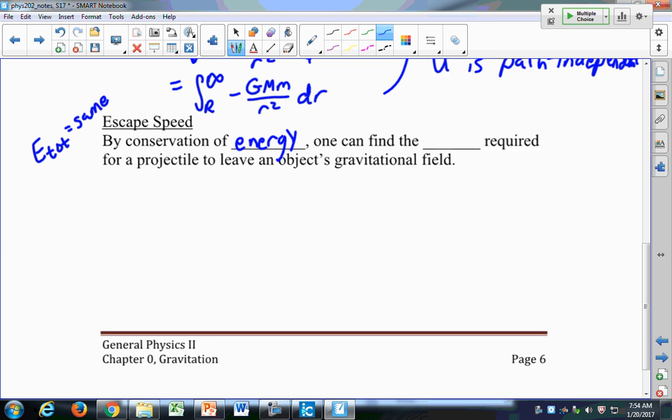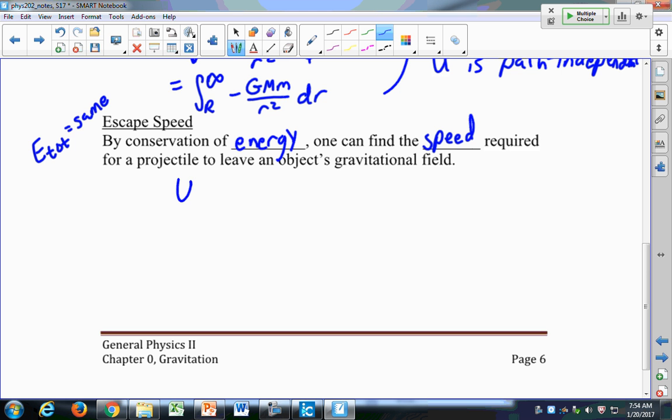But anyway, by the conservation of energy, one can find the speed required for a projectile to leave the object's gravitational field. And this is what he did in that movie, and that's what you could do if you ever find yourself stranded on Mars or some other planet all by yourself, and you need to find out how fast you need to go to get off of this planet. It could be you one day, so just be prepared.